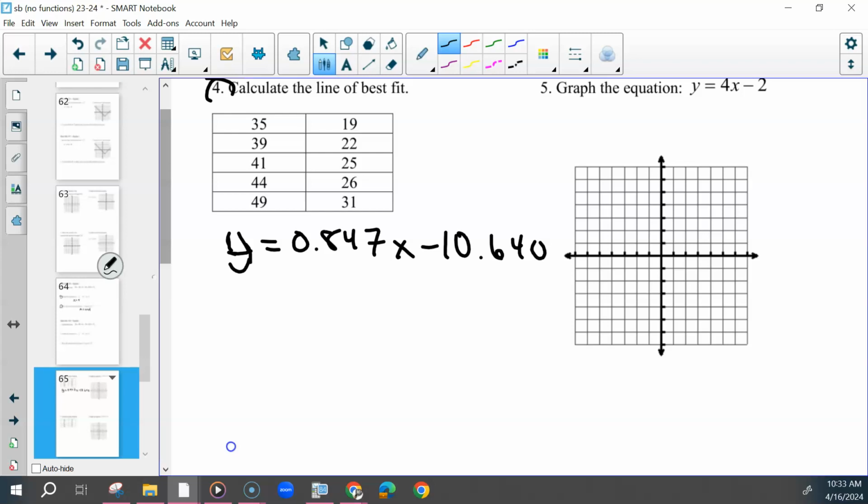So then make sure you have that written down. We're going to go over the SOL answers.